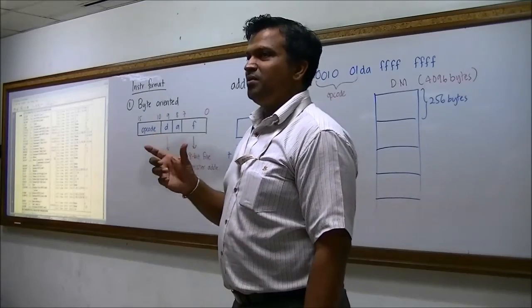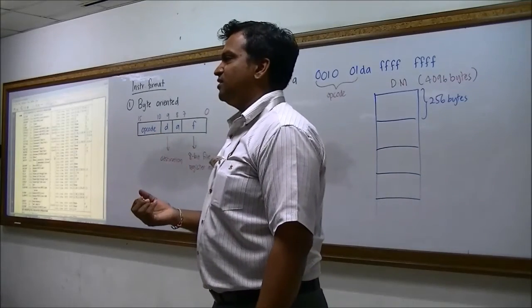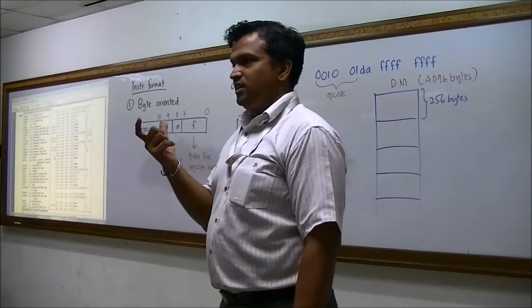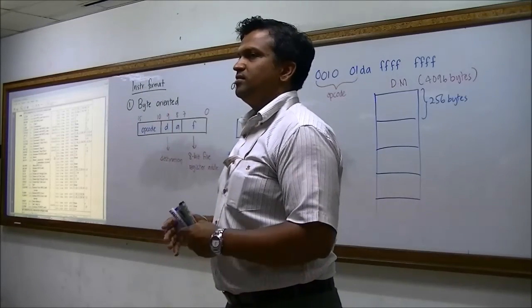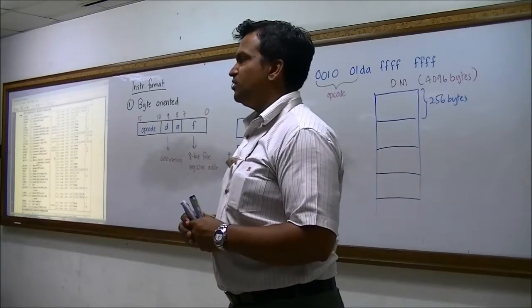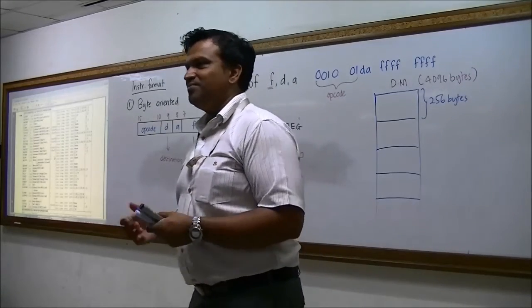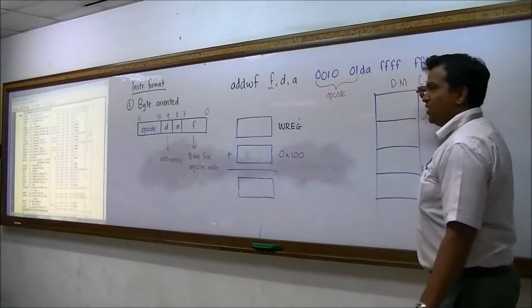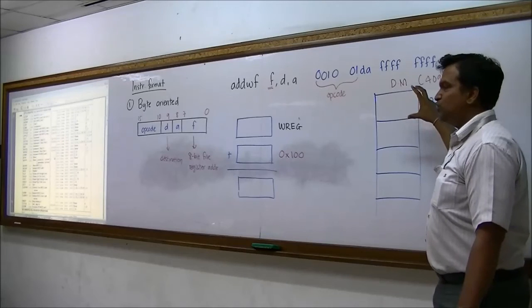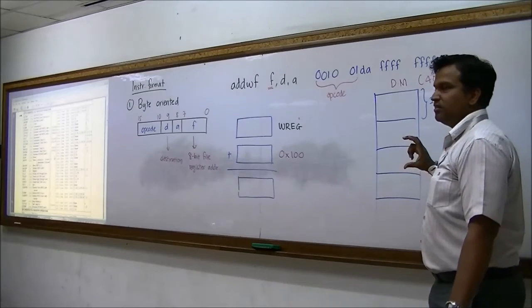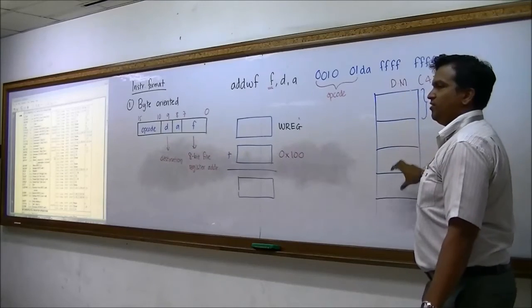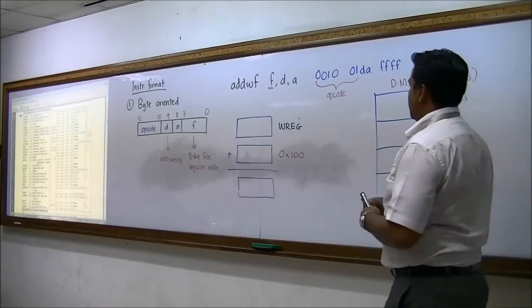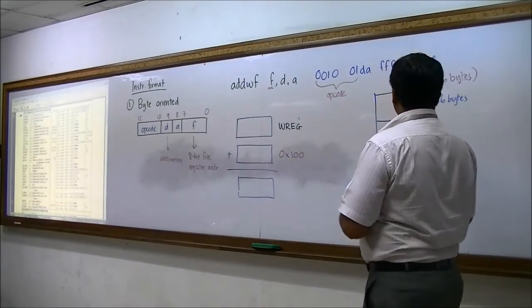Do you understand what I'm trying to say? 8 bits gives you 2 to the power of 8, which is 256 possibilities. So they divided it into sections of 256. If I divide by 256, how many banks will I have? 16. We have 16 banks.